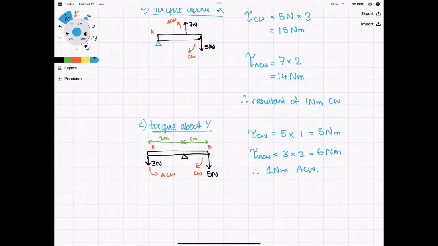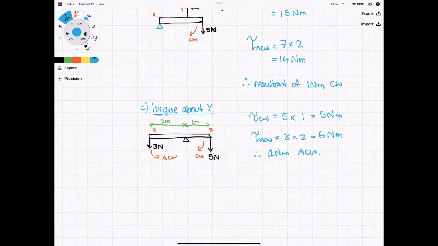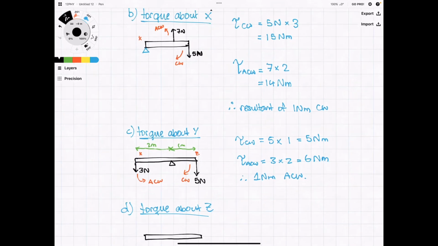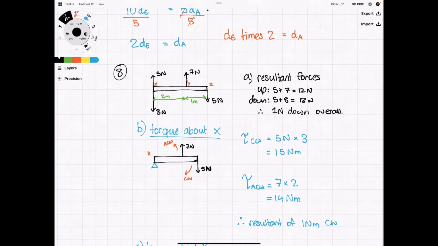Let's keep going. We'll do the last one. So D, talk about Z. Okay, talk about Z. Draw the diagram again. Plank. We're going about Z, and if we look back at our original diagram, our 5 Newton force acting at Z, we ignore it.